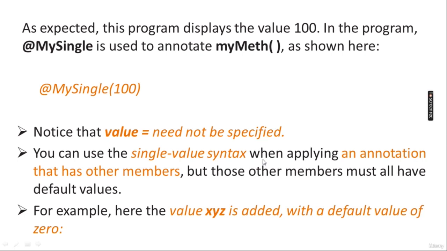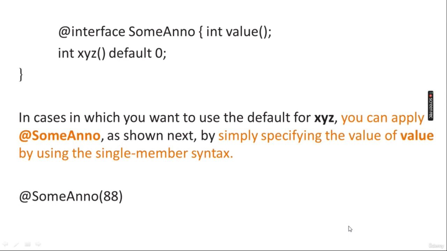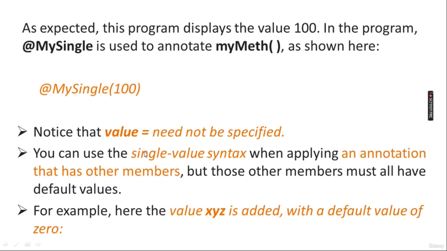You can use the single value syntax when applying an annotation that has other members, but those other members must all have default values. Okay. Here the member xyz is added with the default value of 0. So you can add it like this: int xyz() default 0.